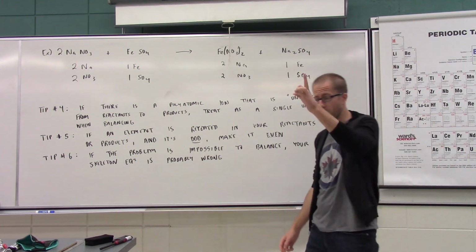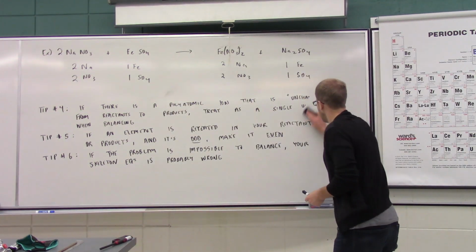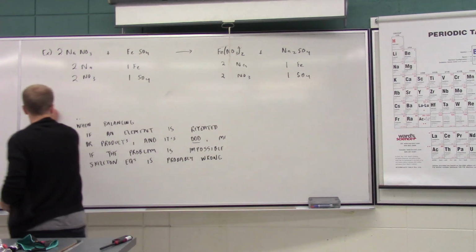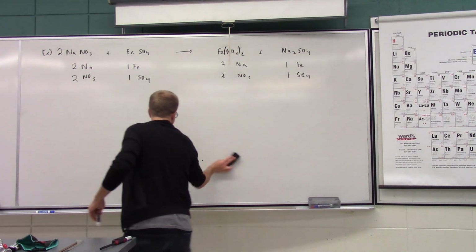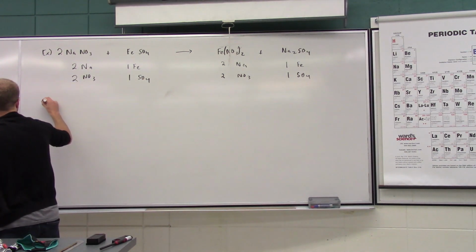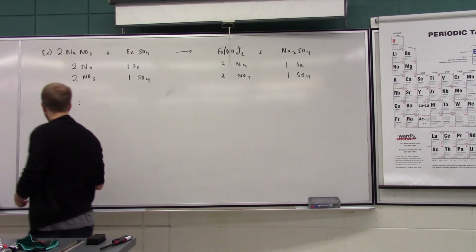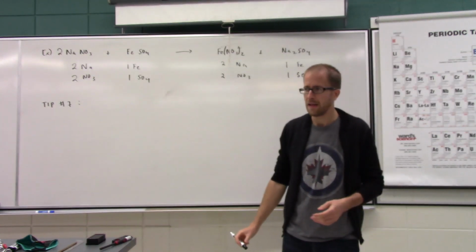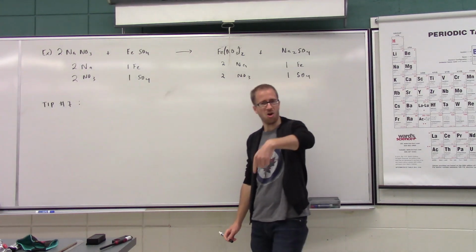Oh, I have one more tip, actually. Last tip, tip number 7. I swear the number of these tips changes every year. Tip number 7 is, if you get into that situation where you can't balance it and you know your skeleton equation is right, restart.